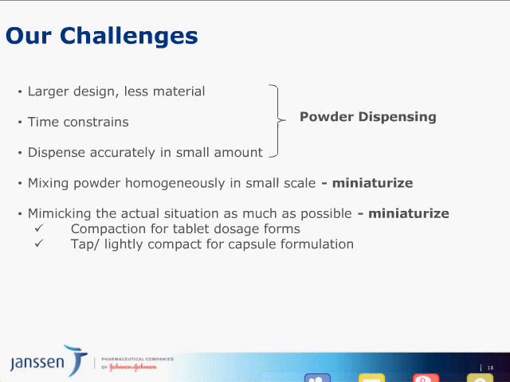We need to dispense those APIs and excipients accurately in a small amount. The next challenge is how to mix a powder homogeneously on a very small scale. And the last one is we are trying to mimic the actual situation as much as possible. If it's going to be a tablet in the final formulation, we try to compact it. If it's a capsule, we don't.